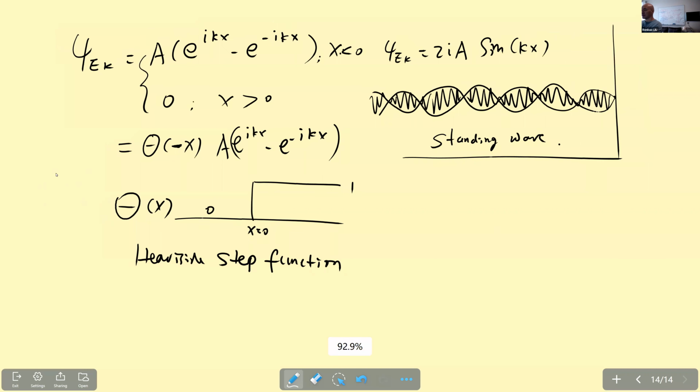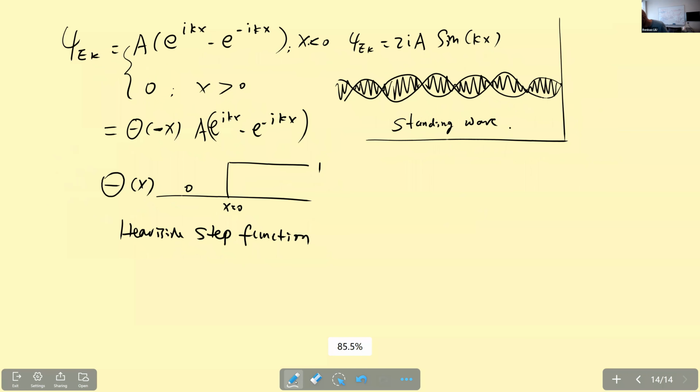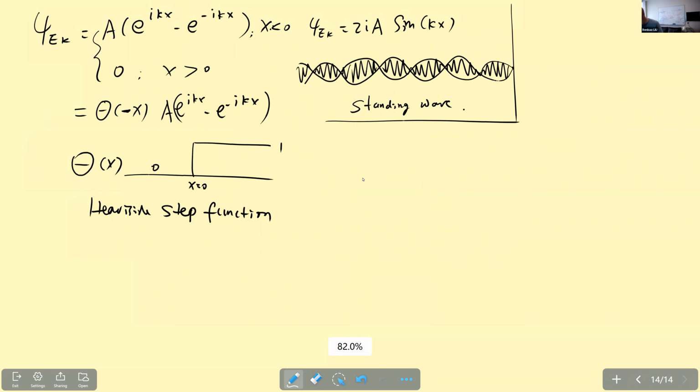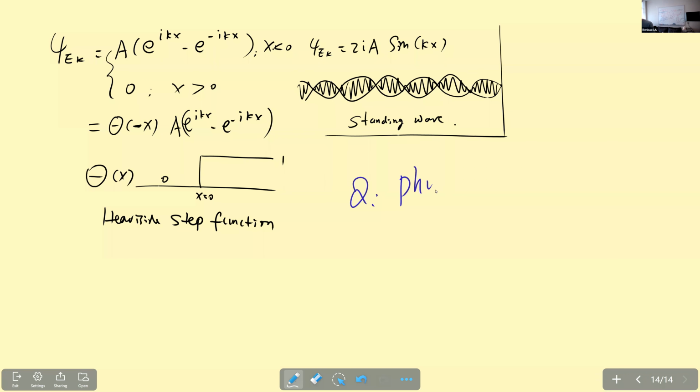So the question is, what's the physical meaning? We know that the eigenstates in the continuum are not physical. It's just a mathematical limiting case of something physical. But what is that? To understand that, we need to form wave packets.